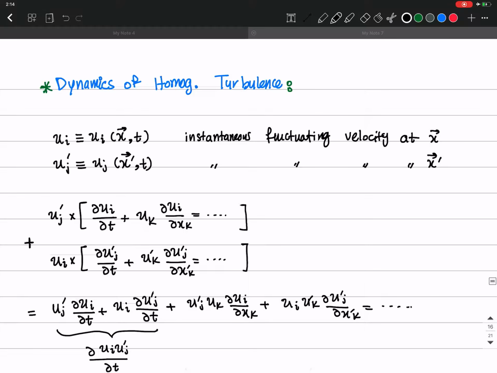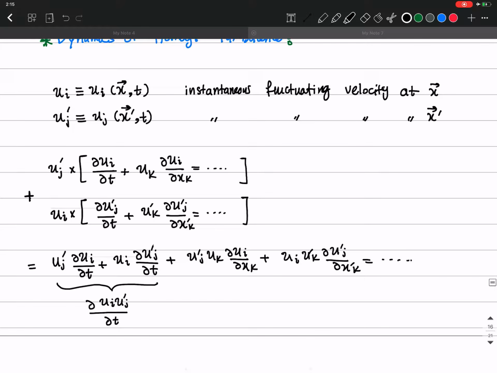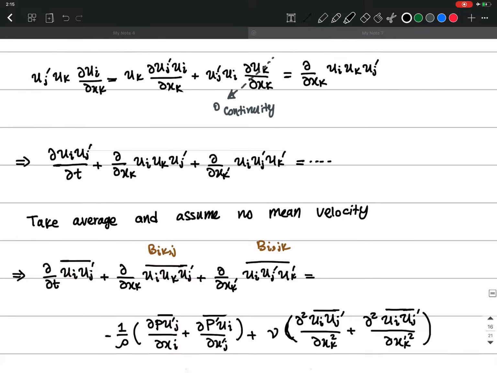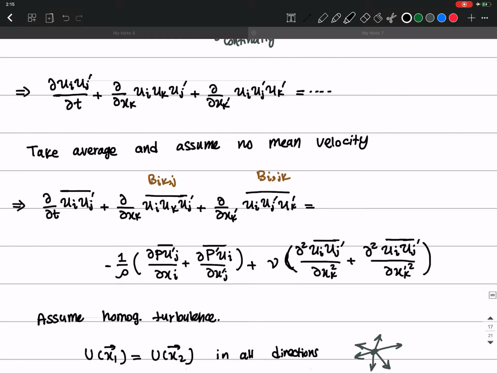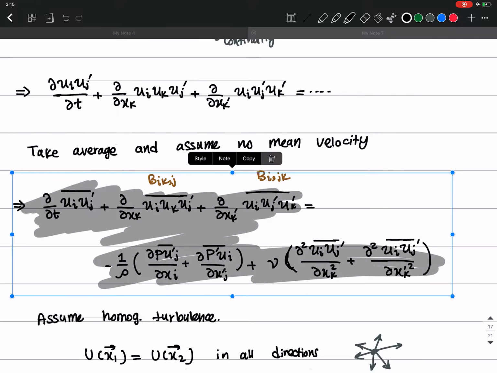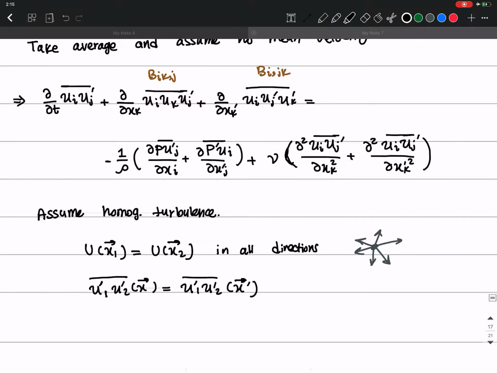So let me briefly review what we did today. We started with the dynamics of homogeneous turbulence. We defined the instantaneous fluctuating velocity at x and x prime. After some manipulations, averaging and assuming no mean velocity, we got to this equation for the two-point Reynolds stress equation. And then we assumed turbulence homogeneity to simplify our equation.